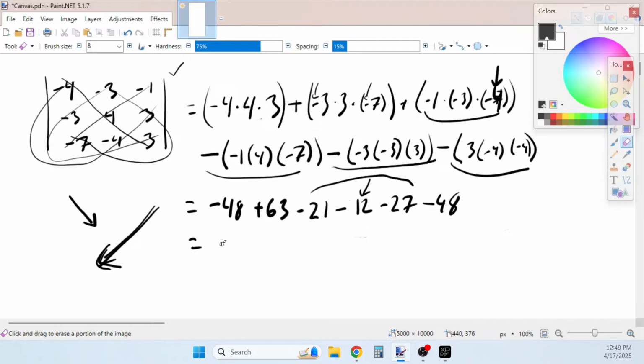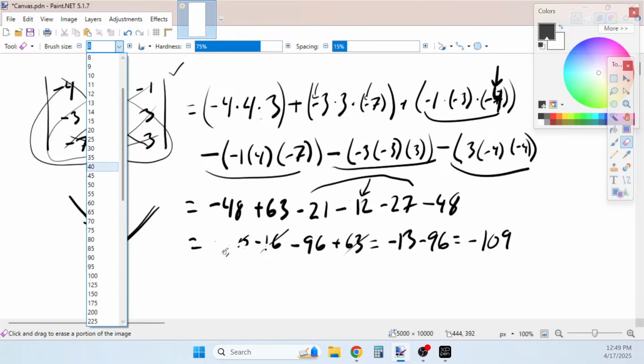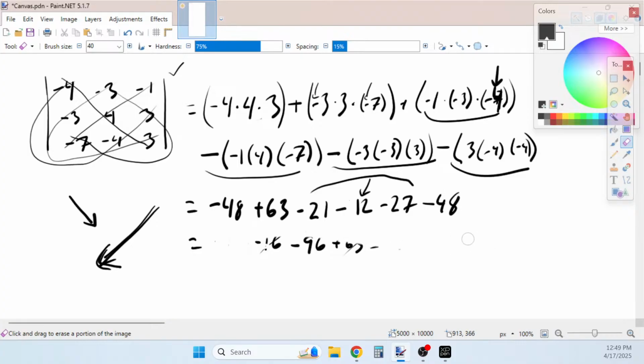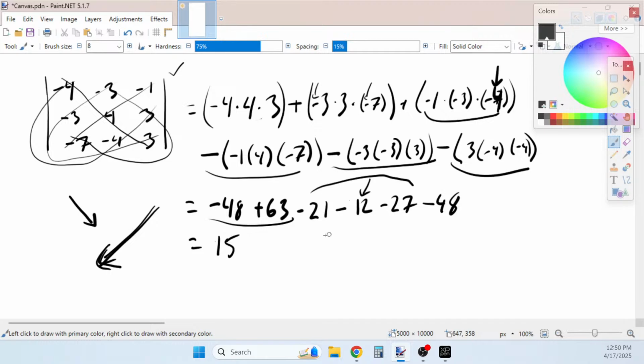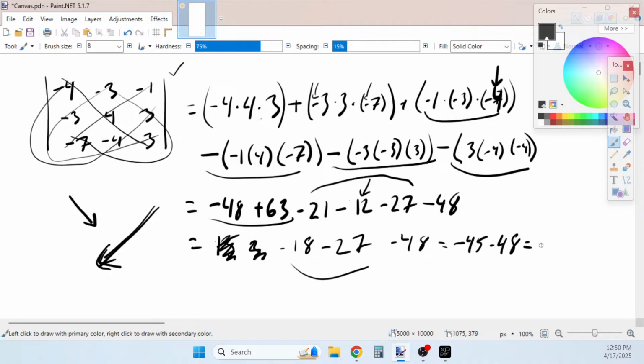That's going to be negative 40. Then, minus 12 gives us 3, minus 20, minus 27, 8 gives us negative 45, gives us negative 9.